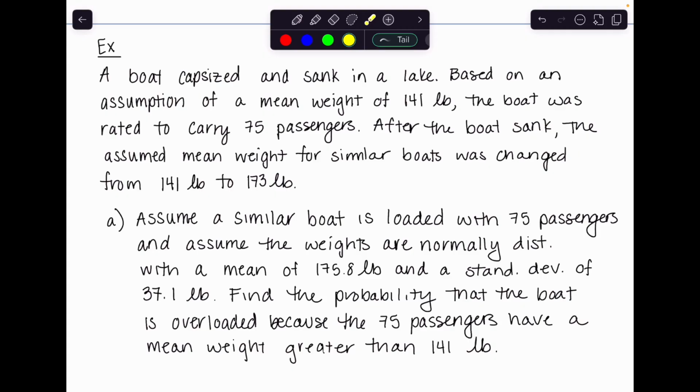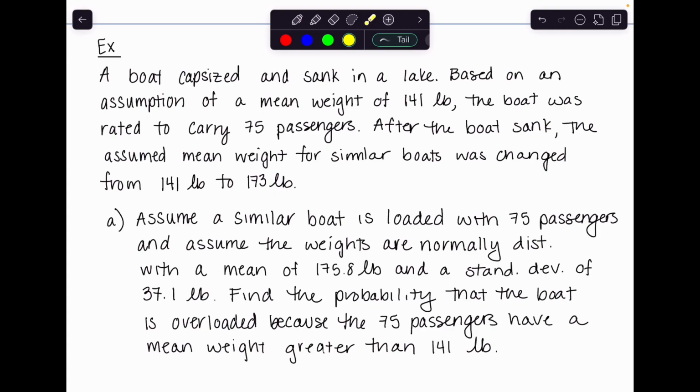And so you would have no problems with the boat staying afloat. But realistically, if you look at human data, most adults are above 141 pounds. So ultimately it was changed to 173 pounds as an average weight for 75 passengers.